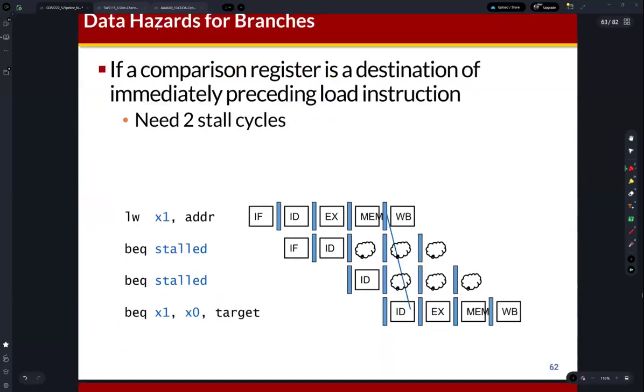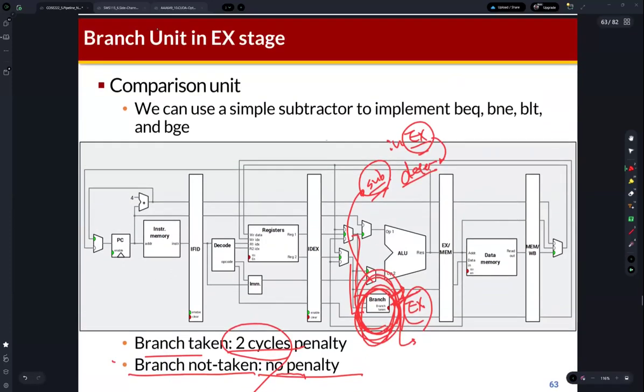So actually, I just believe this is the better design. So the branch unit is here. This is the dedicated branch unit. So this branch unit receives the forwarded data in the EX stage, which means the branch can be determined in the EX stage.